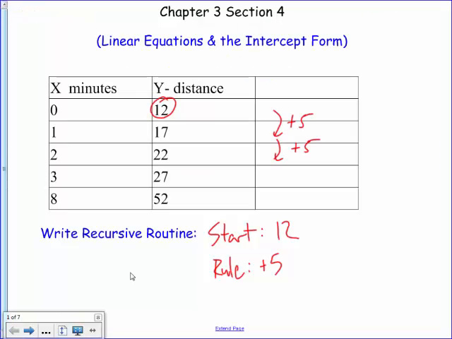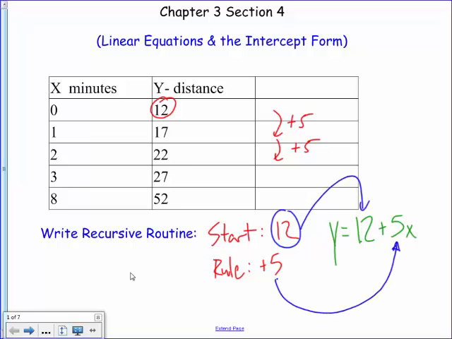If I wanted to write a linear equation for this, I would say y equals the start, which is 12, and then I would put the change, the rule. So plus 5 times x. So here is the start that goes first, and then we put the rule or the change as the coefficient on x, the number in front of the x.